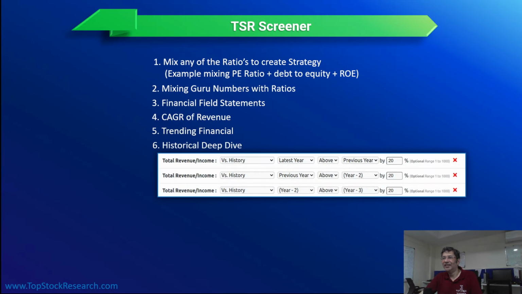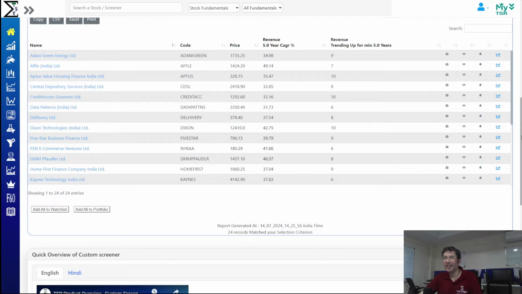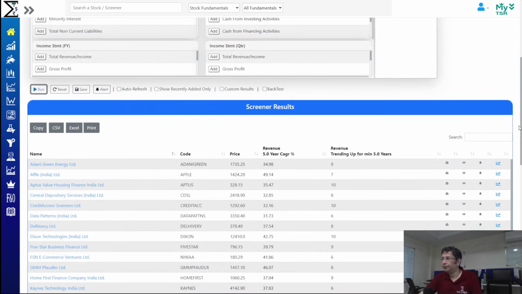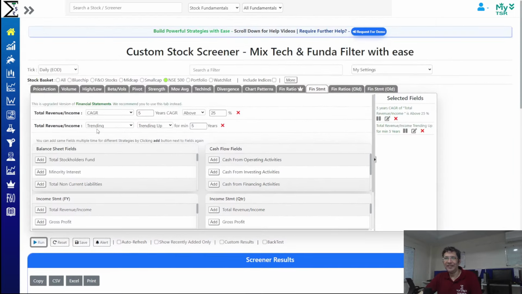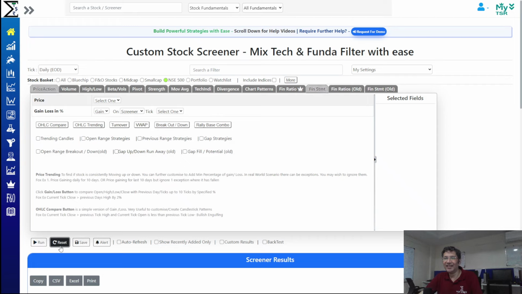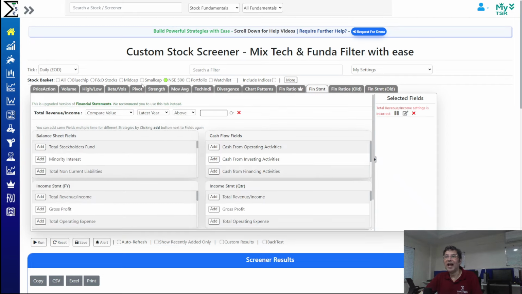The next what we have here is historical deep dive. So what you can do is compare the value. Basically, what the previous filter tells you is that it's increasing, but by what percent it does not tell you, right? So we have another example where we go into the revenue field and add compare with history. Latest year revenue is greater than previous year by 20%.